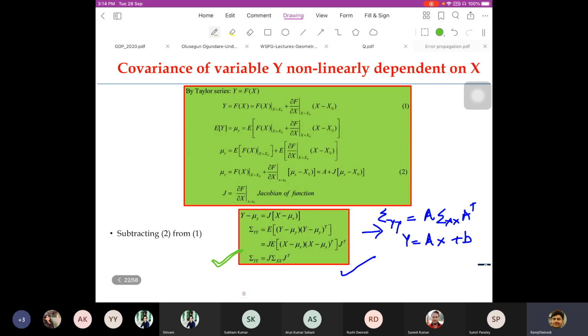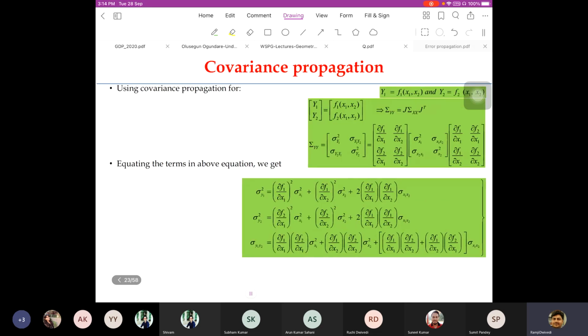Later on, we'll move on to a few more conceptual understandings, and then we'll get back again to the problems. Just like error propagation, we were looking into VCV propagation, which we call variance covariance propagation.